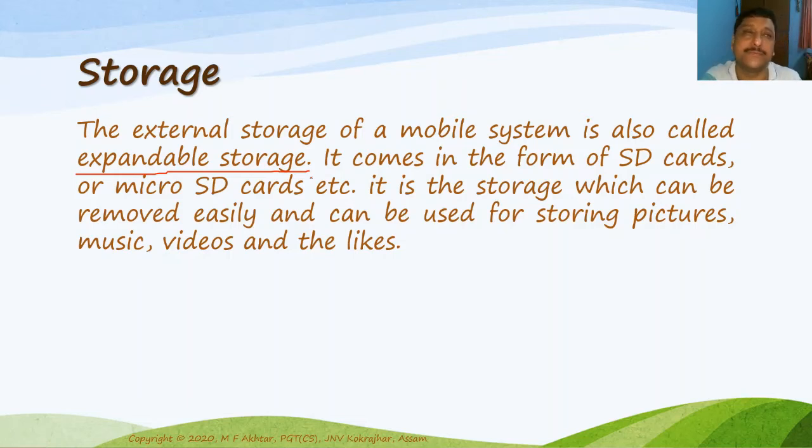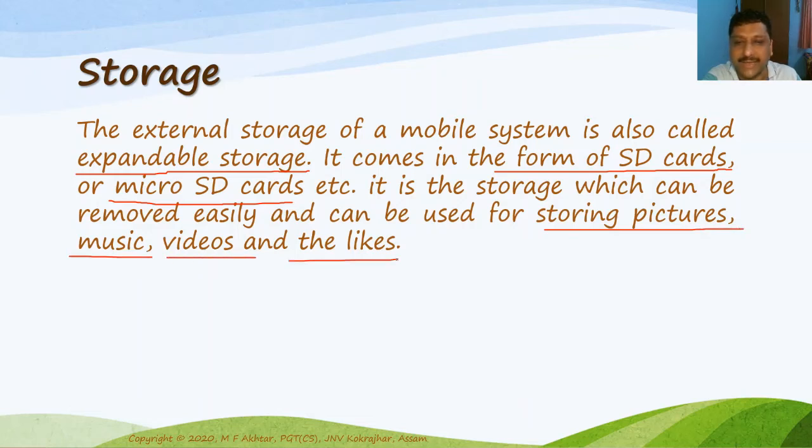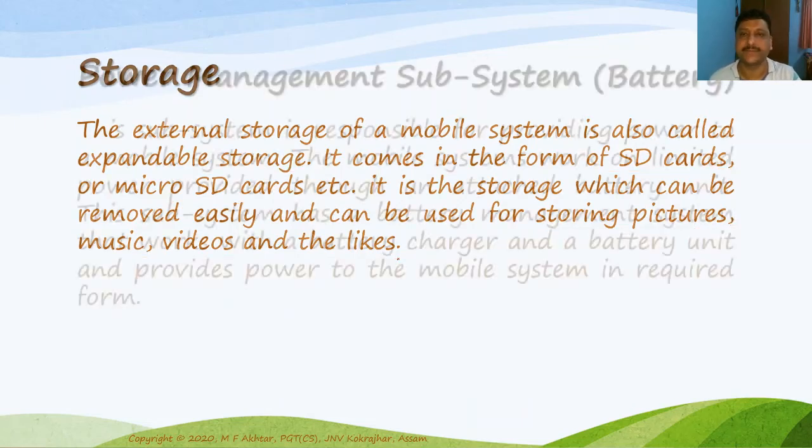Generally it comes with 256 GB or 512 GB expandable memory on a general phone, in the form of SD cards, also called micro SD cards. It is storage that can be removed easily and used for storing pictures, music, videos and the like. We can store many things here.